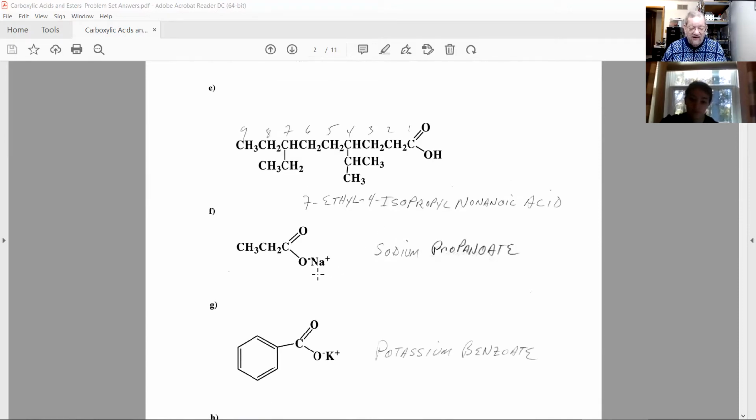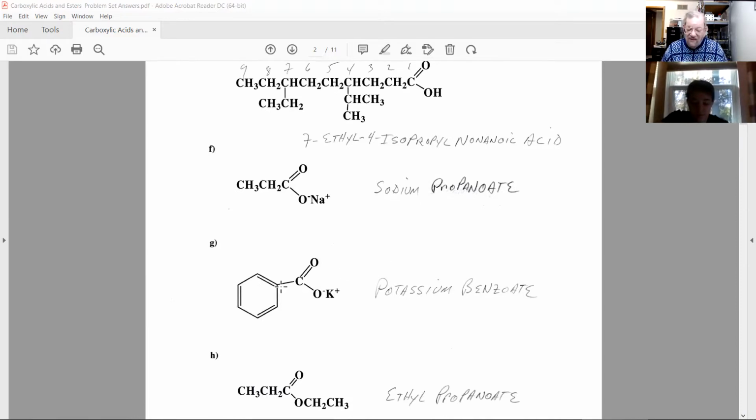Now, when you have a carboxylate anion, you name it. First of all, there's 2 methods. One is when R is carbons, no benzene ring, you name it as the longest chain, drop the E, add OATE, and the cation, that's the plus charge element next to the oxygen minus of the carboxylate anion, is named as the element it came from.